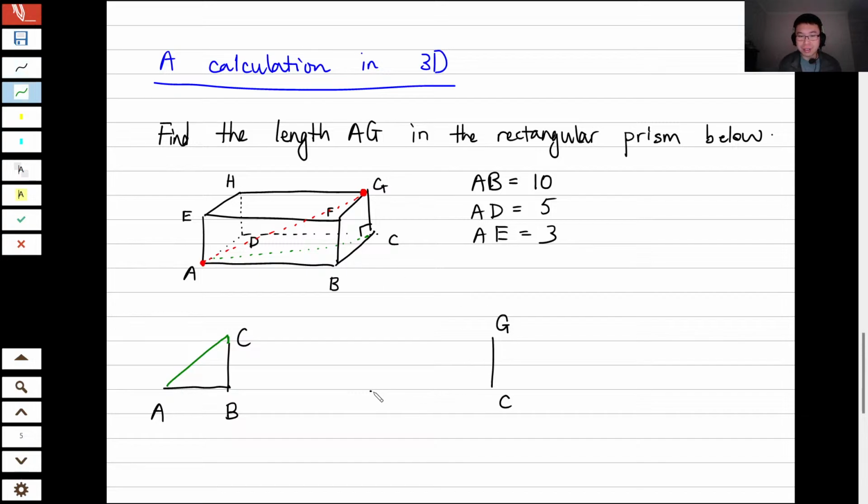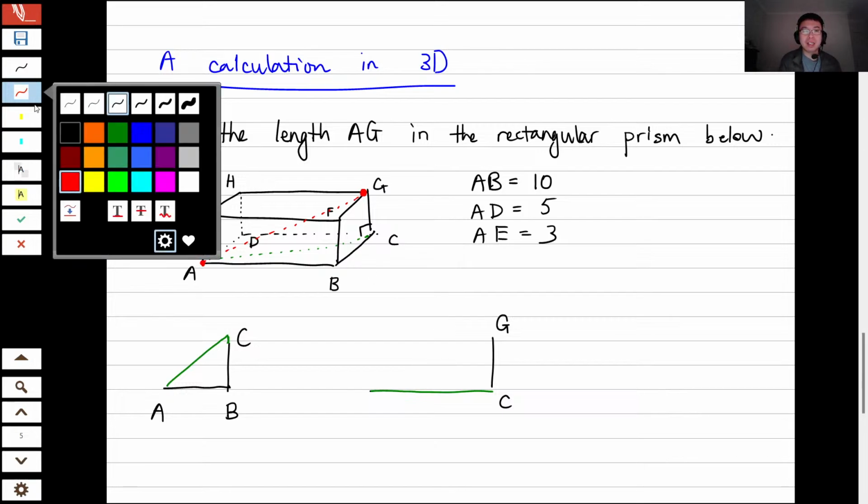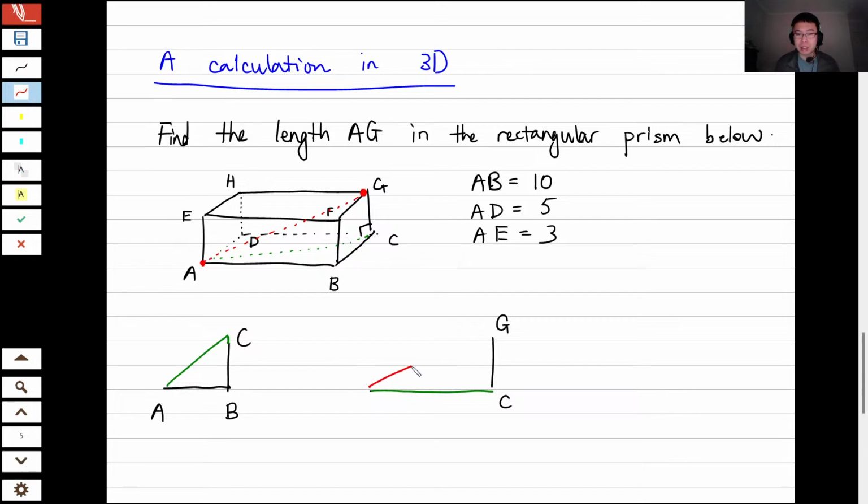So here's AC in green, and then AG, which is the length that I'm looking for, in red. Do you see that? They're both right-angled triangles. So if I can find AC, then I can combine that with CG in the second right-angled triangle to find AG.